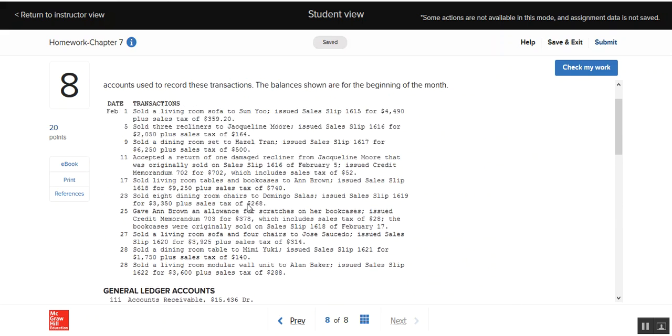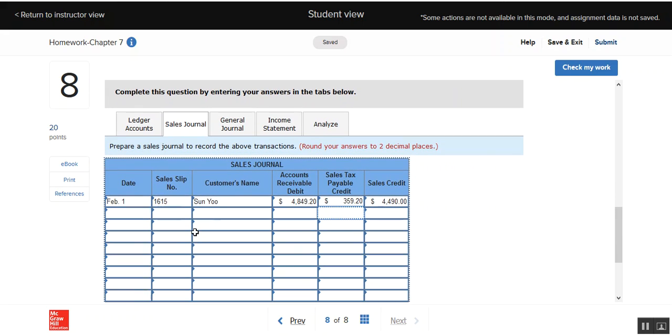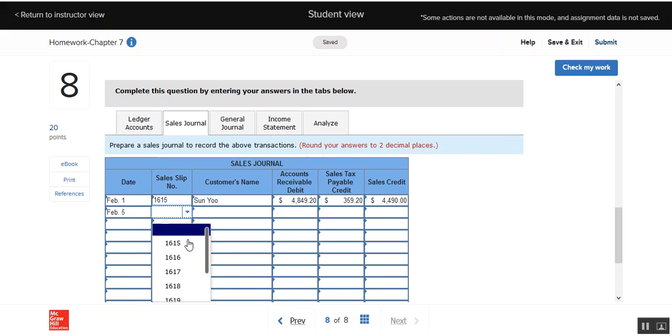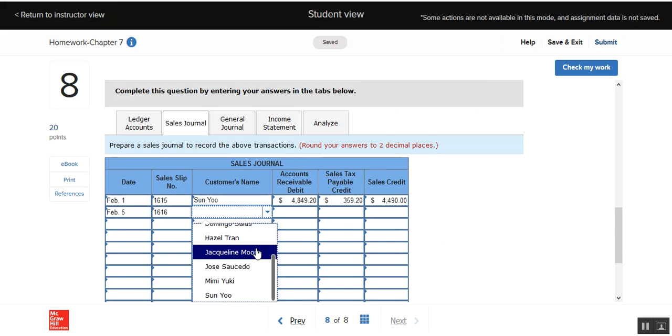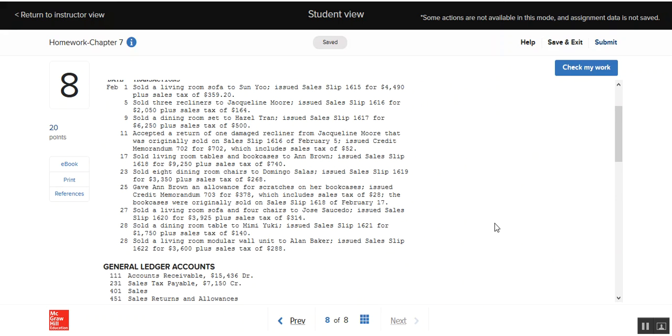And let's look at the next one. It's on the 5th. We're selling recliners to Jackal and Moore. And we're just going to fill in what we know. And let's compare and find our amounts.